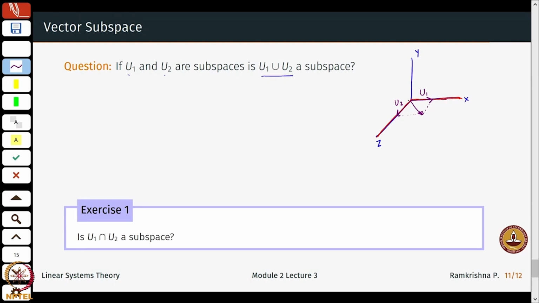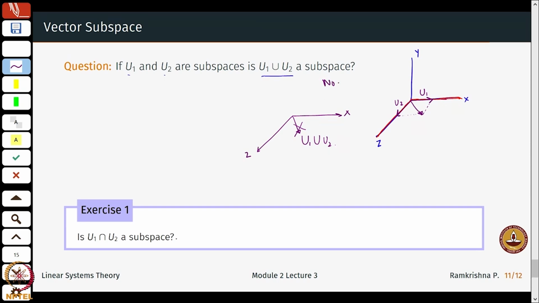I am not talking of the span of this, I am just saying that the union of U1 and U2 is just these two lines here, along the x axis and along the z axis, there is no y component. Whereas this vector, which is the result of adding these two vectors, is not in the union of these two. Therefore, is U1 union U2 a subspace? Well, the answer is no, and this is a counter example to that.